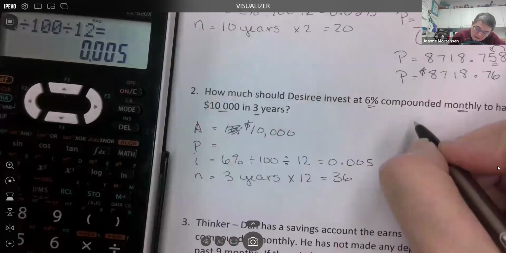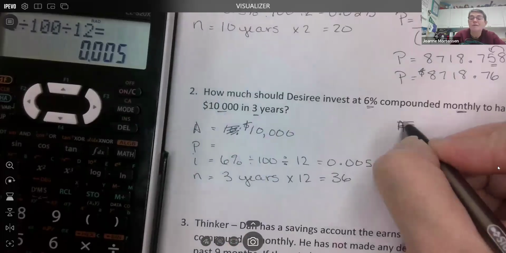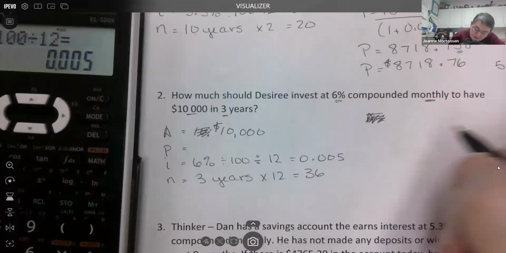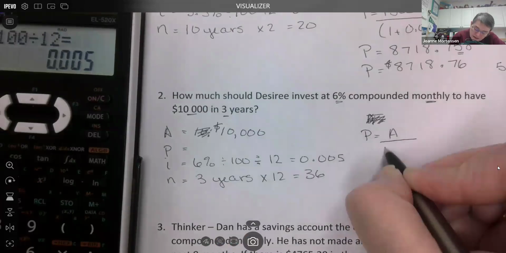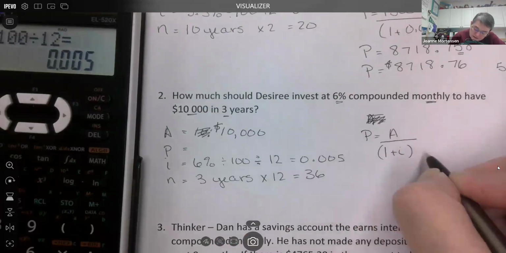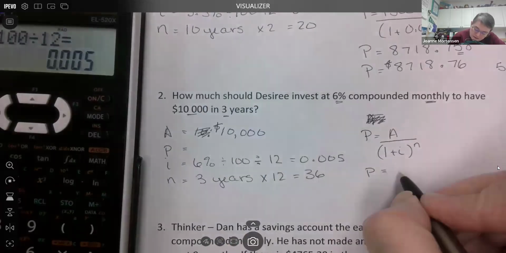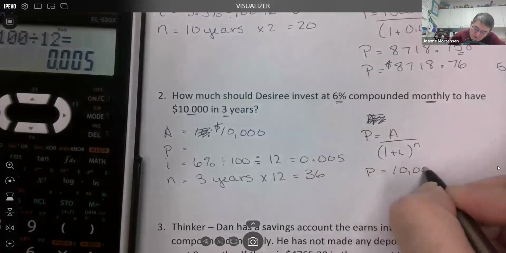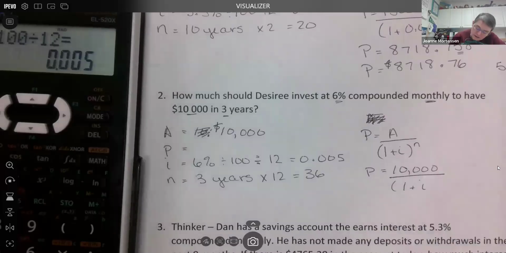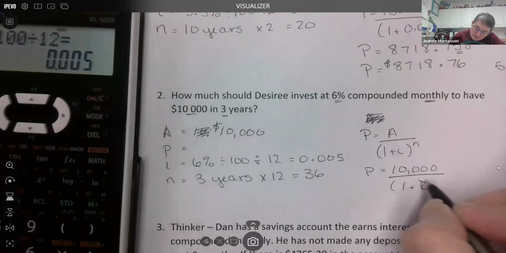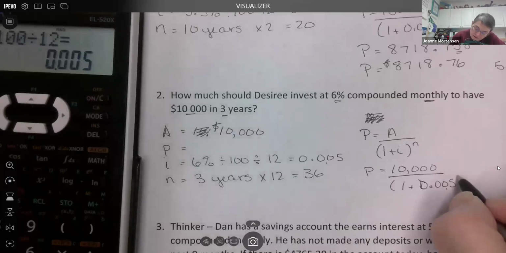All right, formula. How about the correct formula? P is equal to A over 1 plus I to the N. P is equal to the amount, $10,000, divided by 1 plus I, which is 0.005. Double check, 2 zeros there, 2 zeros down here, to the 36.